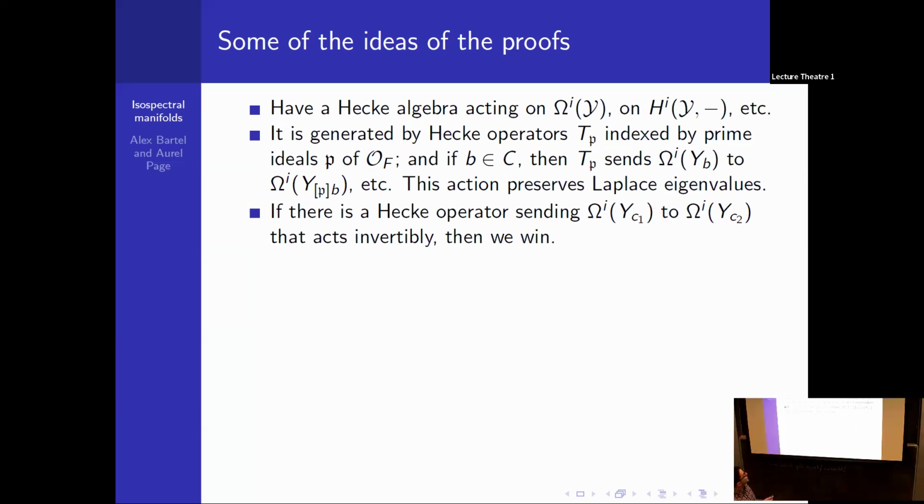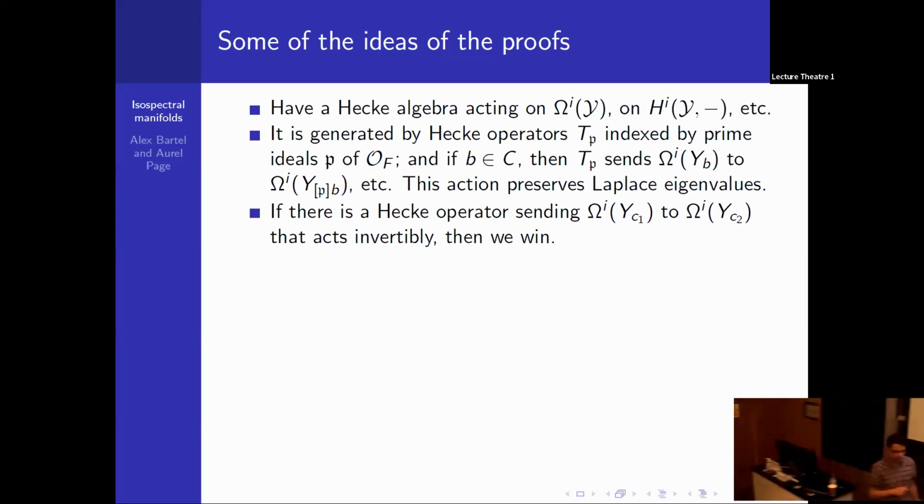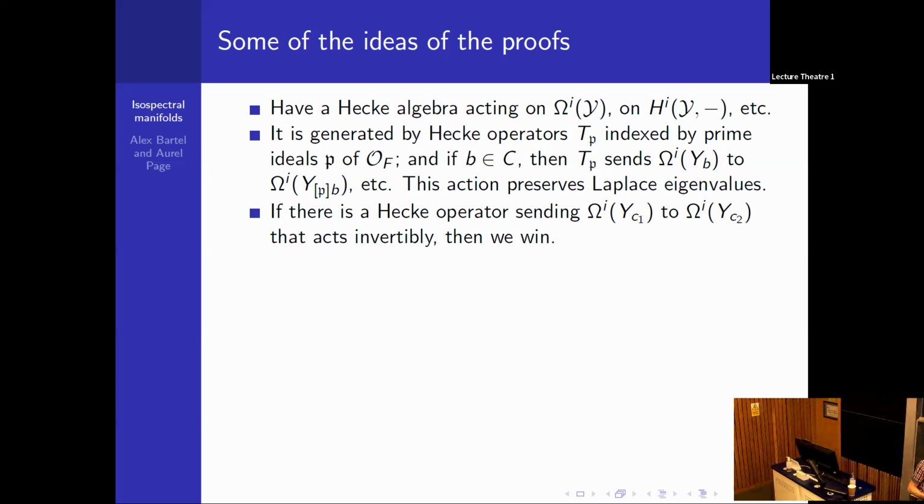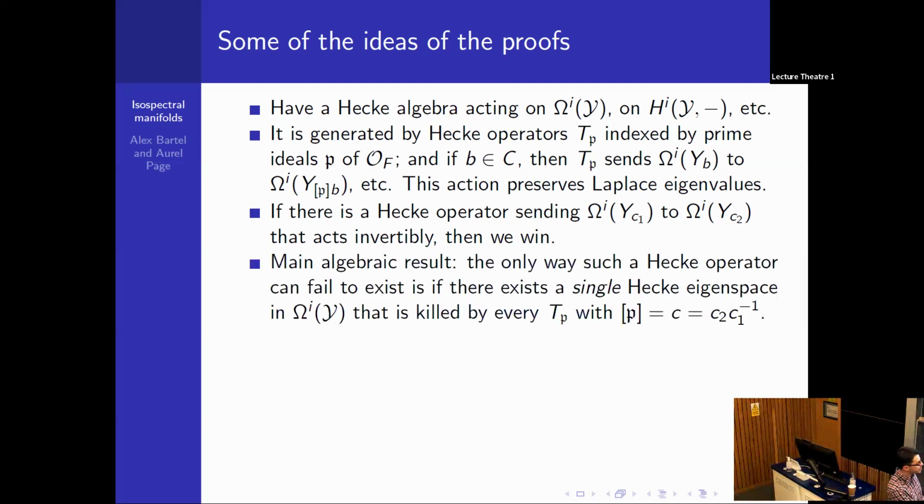Now, a priori, this could just fail to happen. It could happen that every Hecke operator in the right graded piece kills some line in this space of differential forms. And if that were possible, we would have no idea how to analyze the situation. So the main algebraic result, which is buried in the technical part of the paper, but is what is driving everything, is the following.